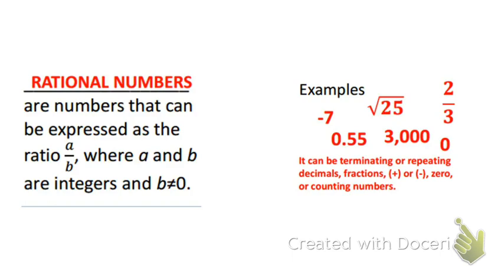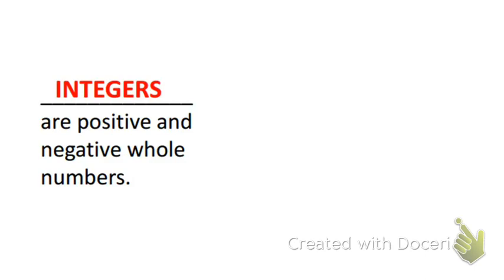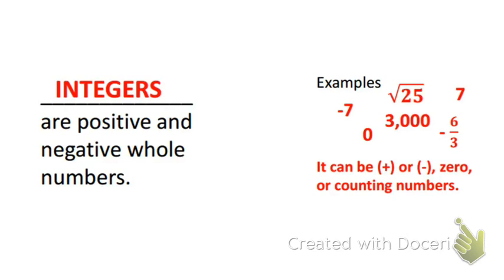Next, we have integers. It is positive and negative whole numbers. One thing I tell you guys for integers, remember it is on the number line. So you can have your positive and negative whole numbers. You can go from -1, 0, 1, 2, 3, -2, -3, and so on.